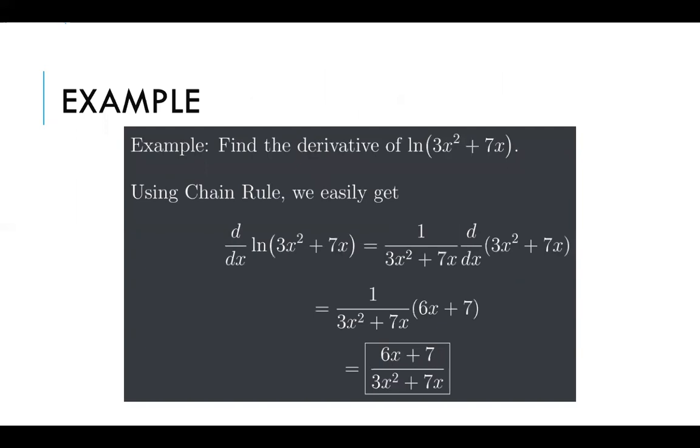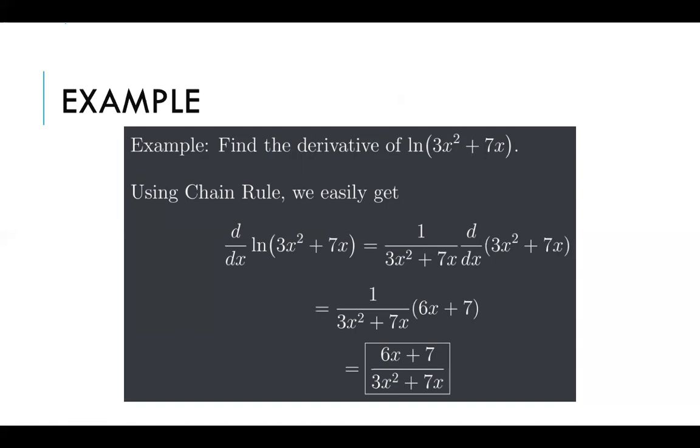Now for the examples. First example, find the derivative of the natural logarithm of quantity 3x squared plus 7x. By utilizing the chain rule, we get the derivative of the outside function, which is 1 over quantity 3x squared plus 7x.